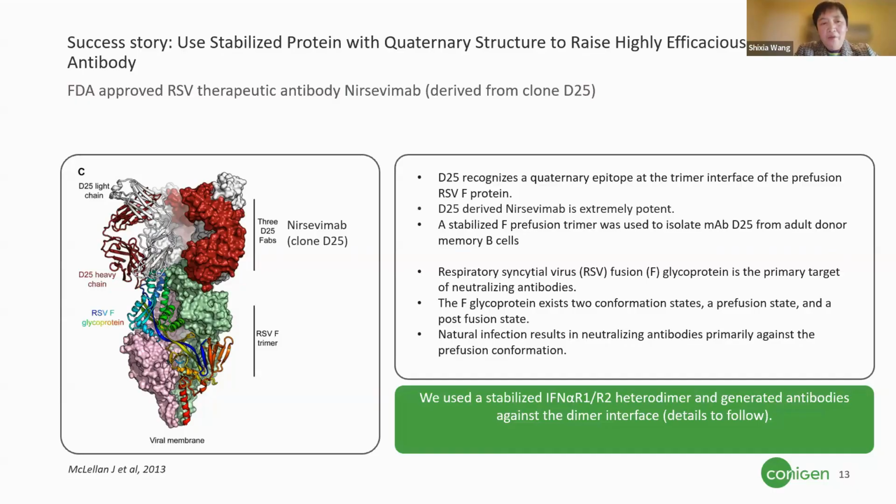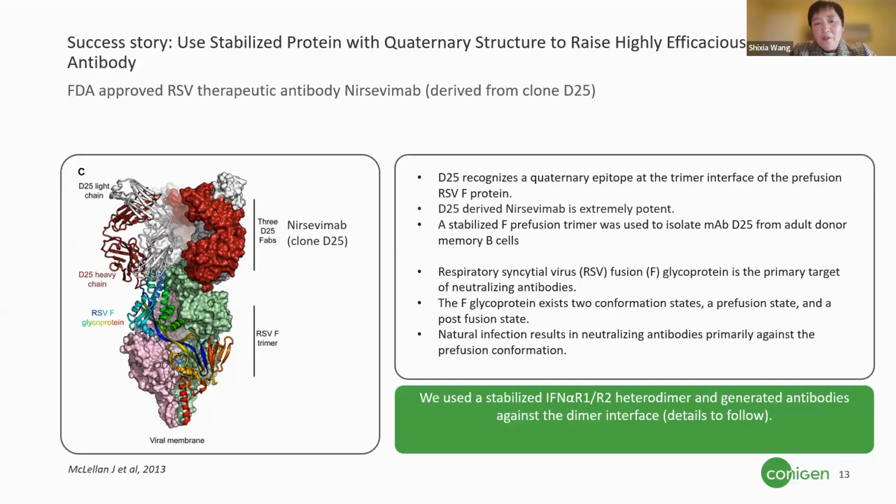On the left panel, in the crystal structure, the bottom shows the pre-fusion RSV fusion protein trimer. The top shows this antibody bound to the trimeric protein, the interface. So this antibody was generated using this stabilized pre-fusion trimer from RSV-infected adult donor memory B cells.